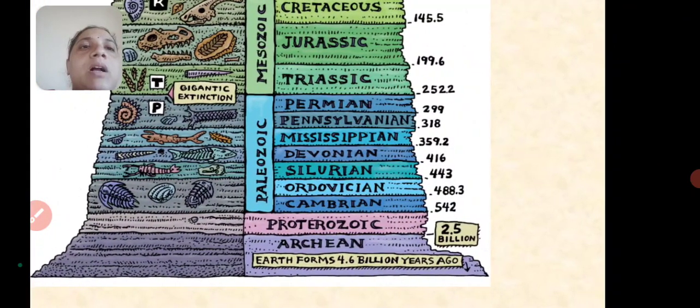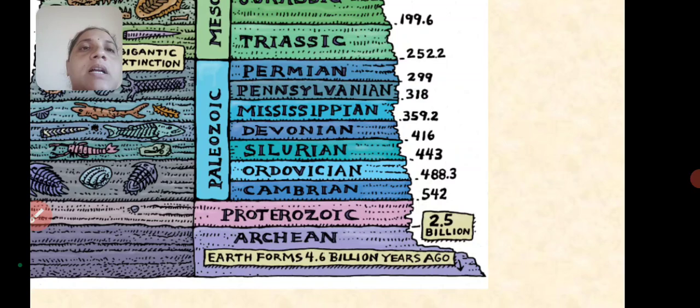Okay, ma? So first, Earth formed 4.6 billion years ago. Next, for 2.5 billion years the Archean and Proterozoic eras continued. After that, the time enters the Paleozoic era.